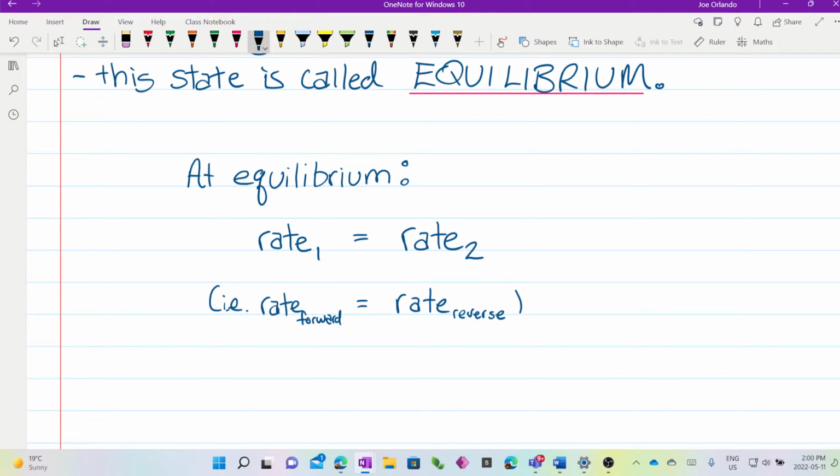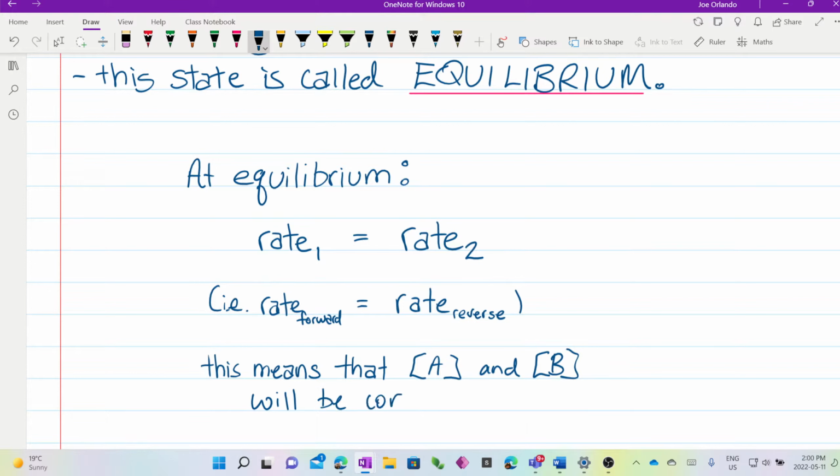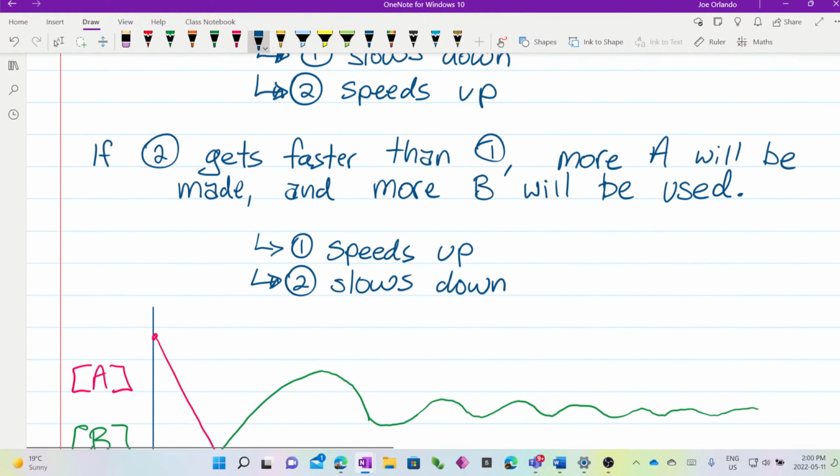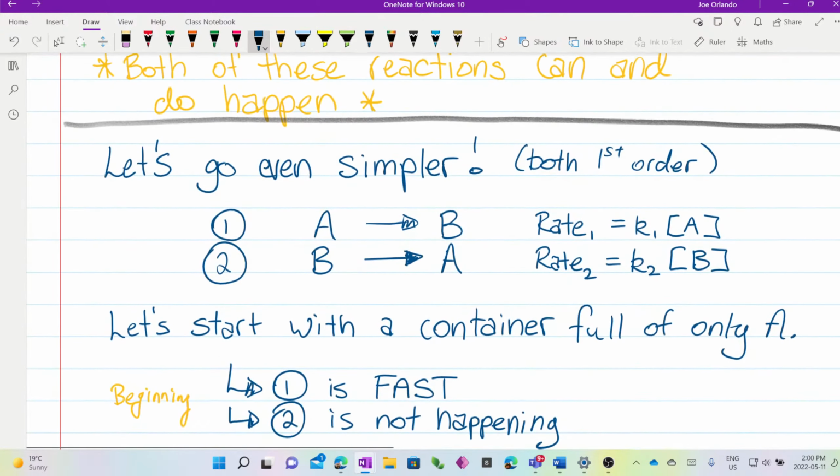Which means two things. One, it means that the concentration of A and the concentration of B will be constant. But here's what it does not mean. It does not mean that those two concentrations will have to be equal, because it's not A that equals B, it's K1A that equals K2B.